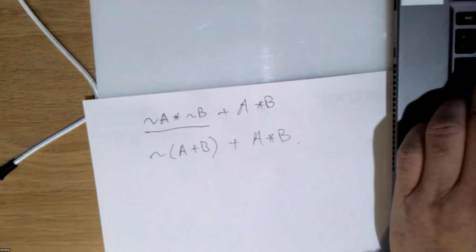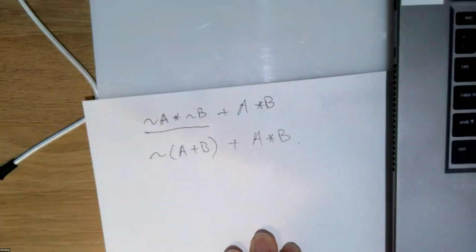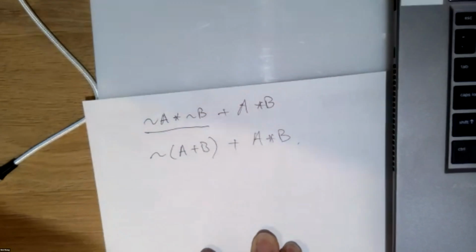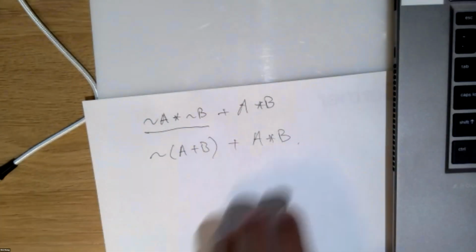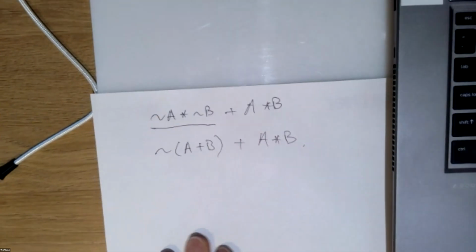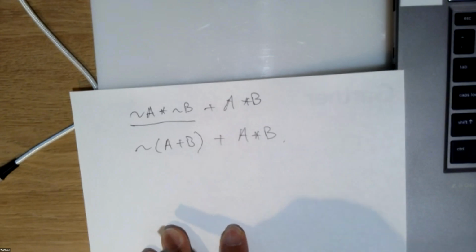Let me get the expression right. Yeah, not A and not B, or A and B. Okay, that is correct. That expression becomes this. And what can we do with this?